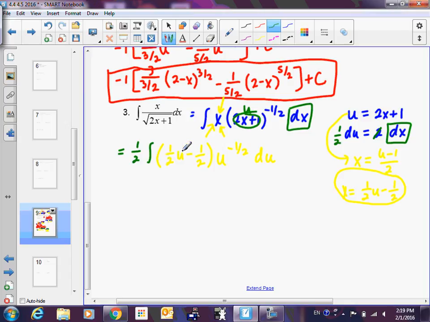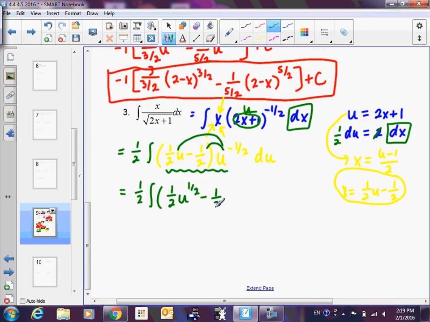No matter what you write here, you've got to simplify this before you integrate, though. To me, that's the annoying part of these problems, is that algebra step. But if you do practice it, you're going to get better and better at it. So 1/2, what would be the power on u? 1/2.